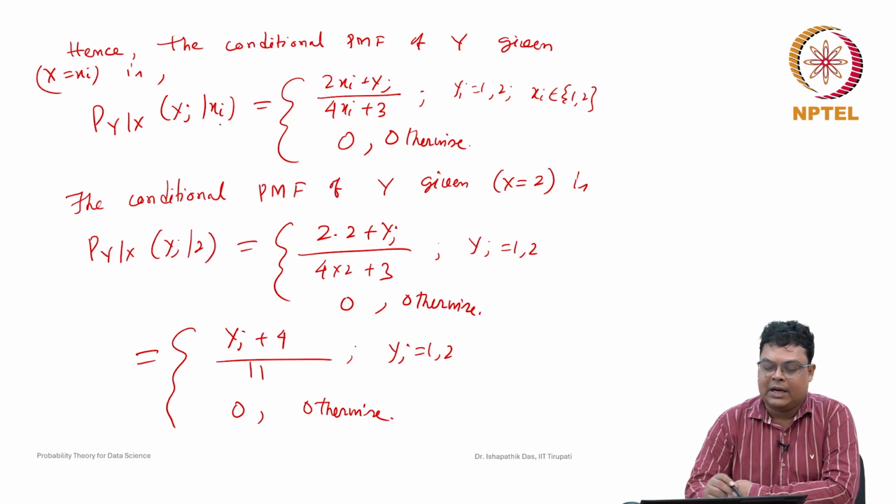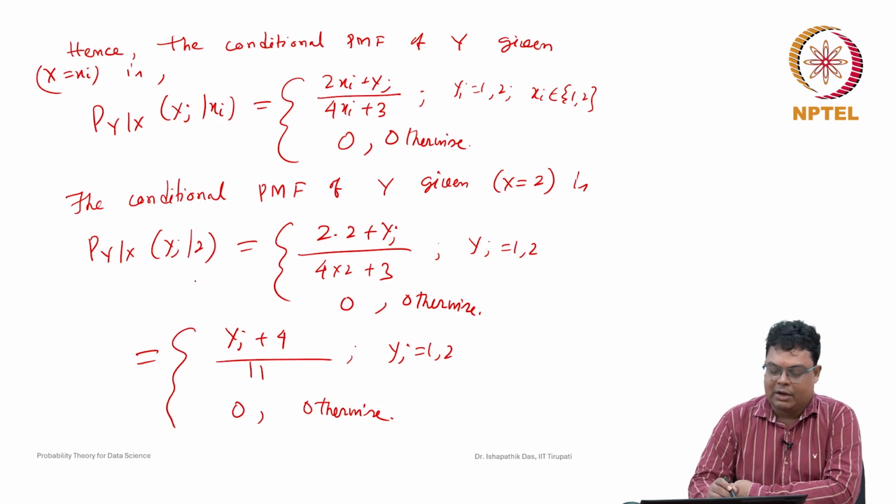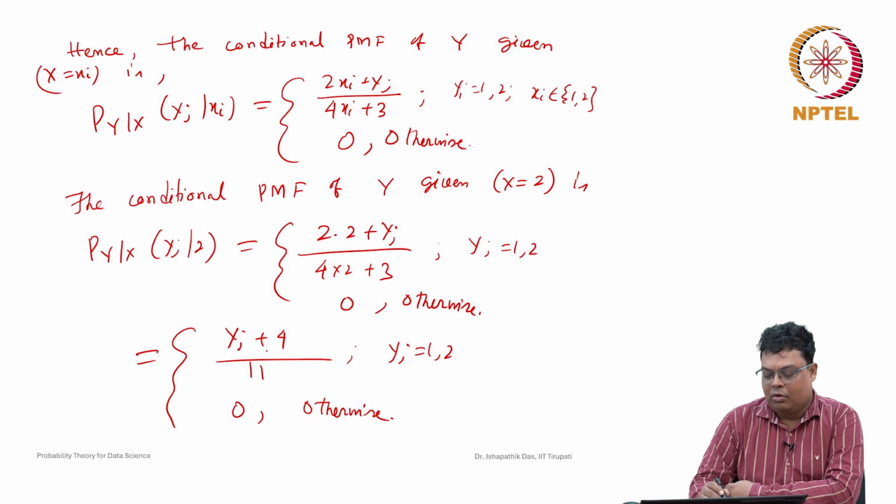Whenever xi becomes 2, the only variable is yj. So this is a probability mass function of yj. You can vary xi too, but it is a probability mass function of yj given xi.